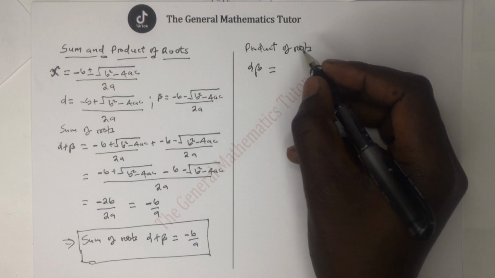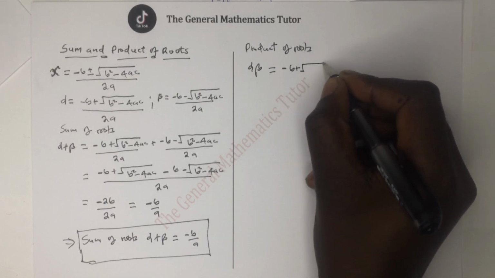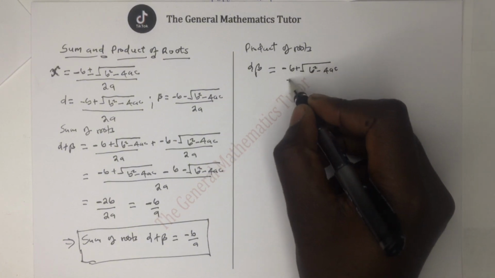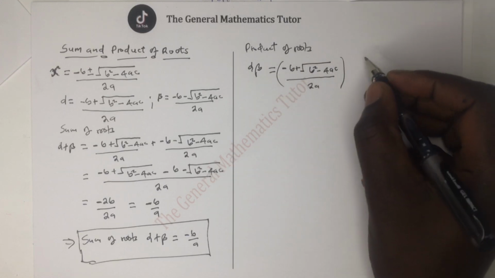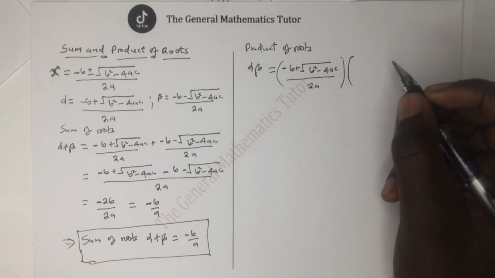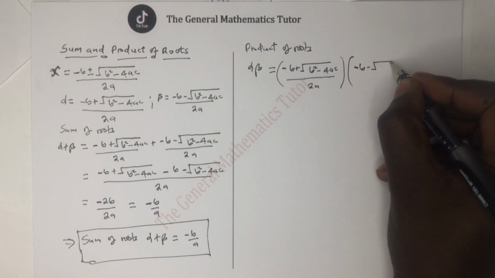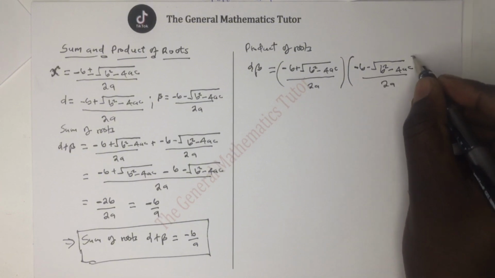So alpha is minus b plus the root of b squared minus 4ac over 2a, and we multiply that by beta, which is minus b minus the root of b squared minus 4ac over 2a.